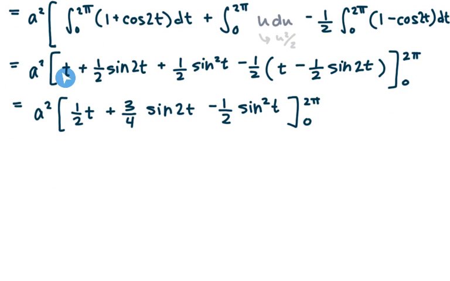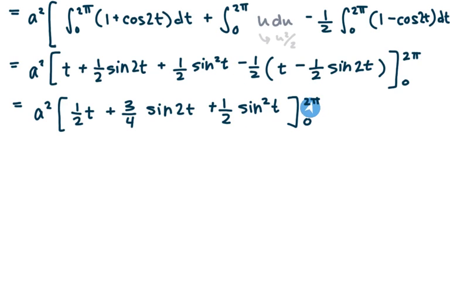Combining like terms, t minus 1/2 t gives me positive 1/2 t. This 1/2 sine of 2t plus 1/4 sine of 2t gives me 3/4. And this should be a plus. We have plus 1/2 sine squared t.